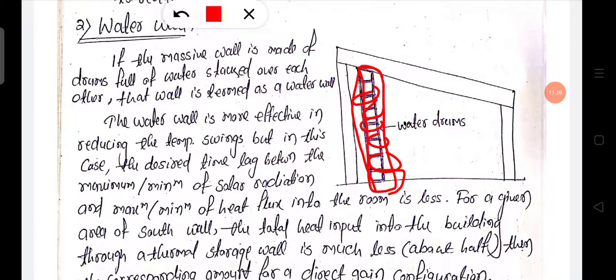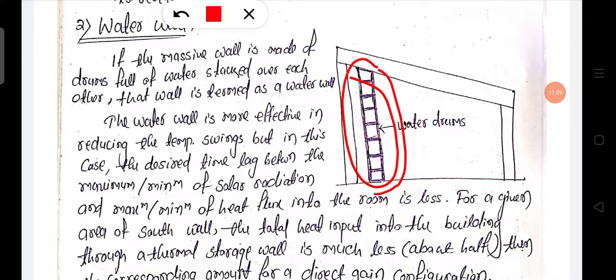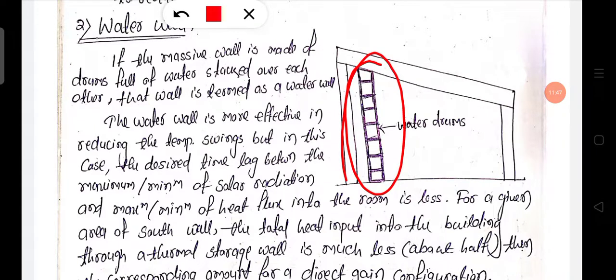Here there is a water drum. The water drum stores the energy and gives the energy when we need it. Because of the water drums in the wall, it is called a water wall.